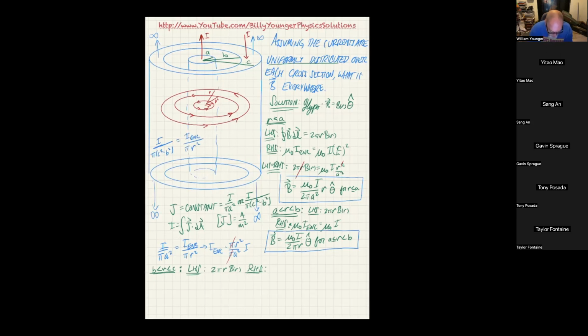So you can figure out what that's going to be basically by saying the right-hand side, which is mu 0 I enclosed, is going to be mu 0. Notice the pi's are going to cancel out, and we're just going to get I times r squared over c squared minus b squared.